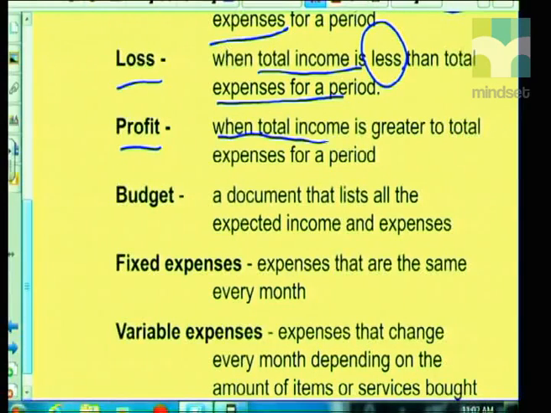So, a profit is when the total income is bigger than the total expenses for a period. In simple terms, that means that the selling price of a set of goods will be greater than the cost price. And we'll be able to accumulate some profit. That's called profit. The amount of money that's left over that you can bank. And what are you going to do with that profit?